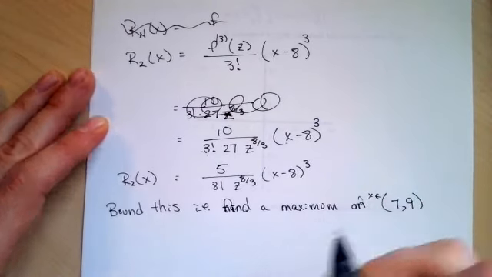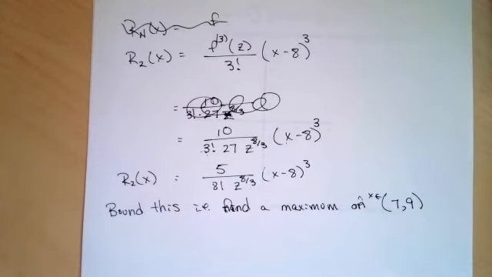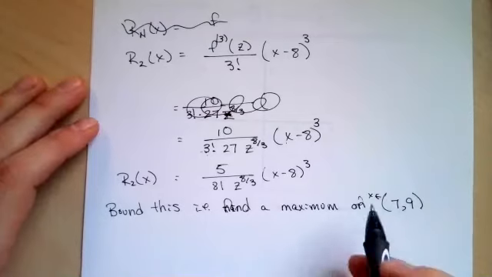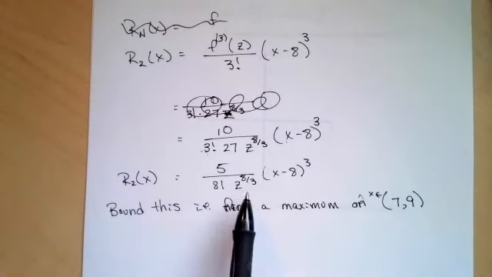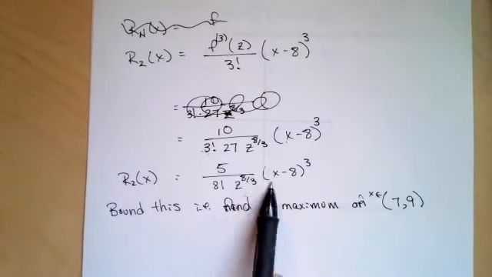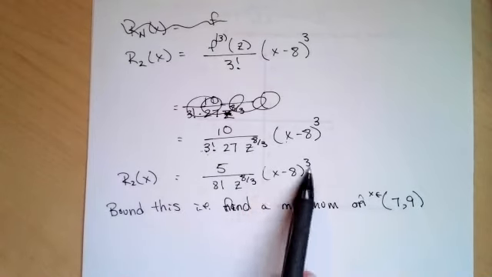So, of course, whenever x is between 7 and 9. So the two things we need to do is, one, find the maximum z value, and then also bound this expression here.